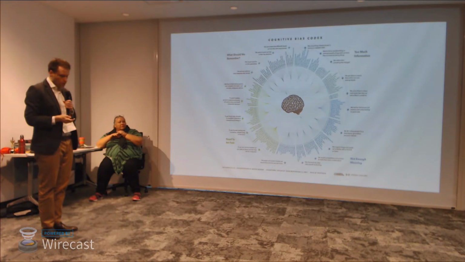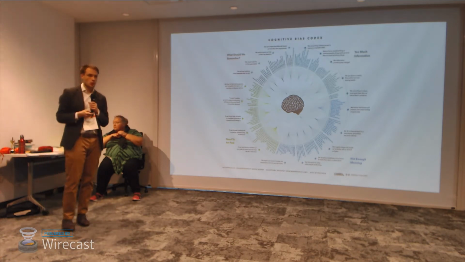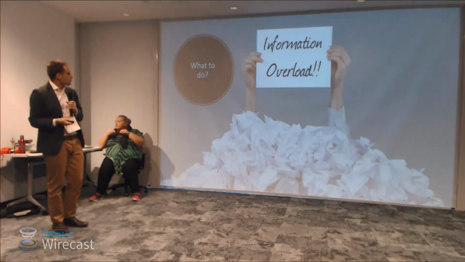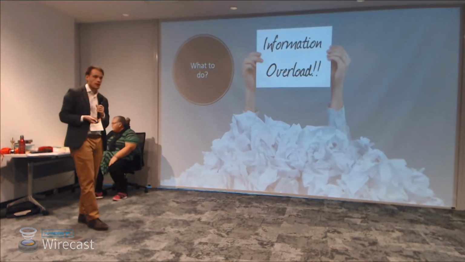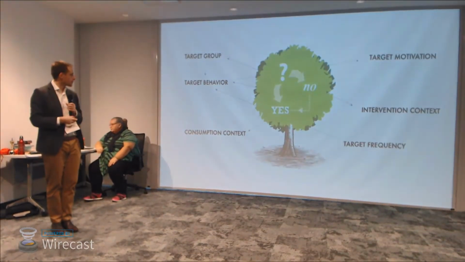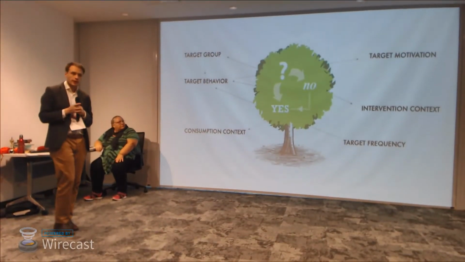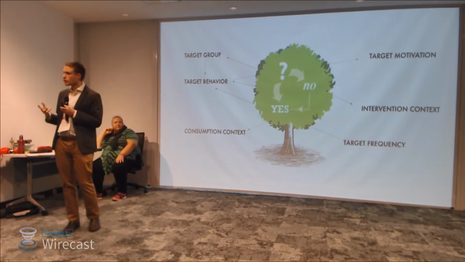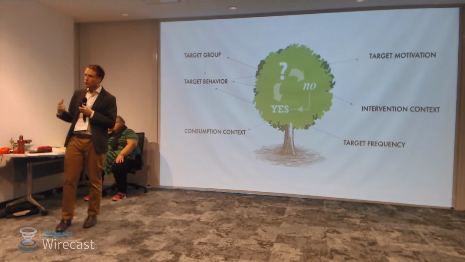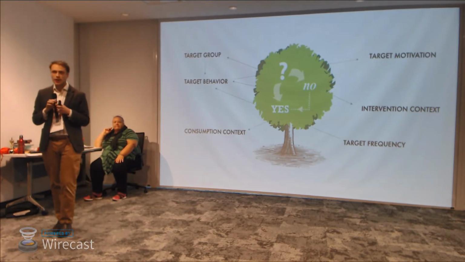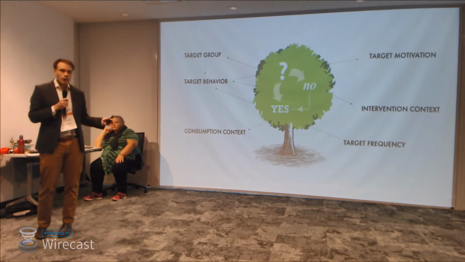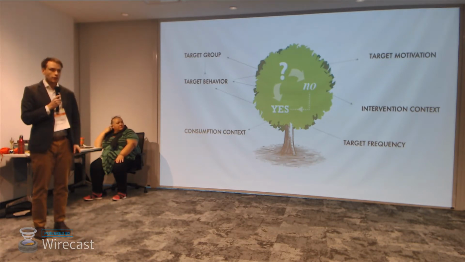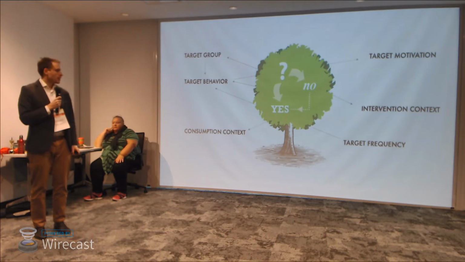And so what we're trying to do at the moment, and what this is really an attempt to get feedback on, is to deal with this information overload with a decision tree. The idea of the decision tree is to get practitioners to go through a pretty simple process where they go through those steps of engaging in behavior change, and it'll feed out some interesting information for the practitioner who wants to use behavioral science, if that makes sense.